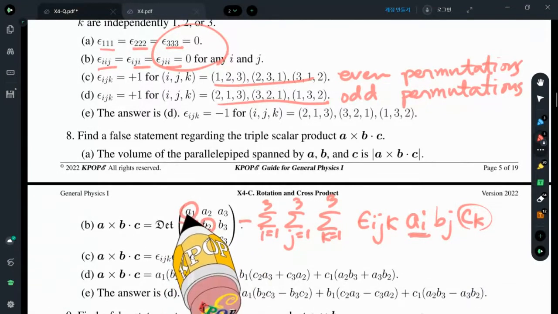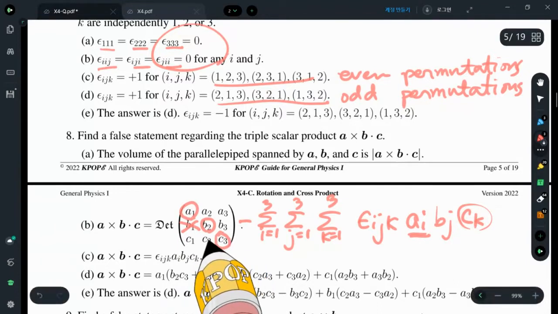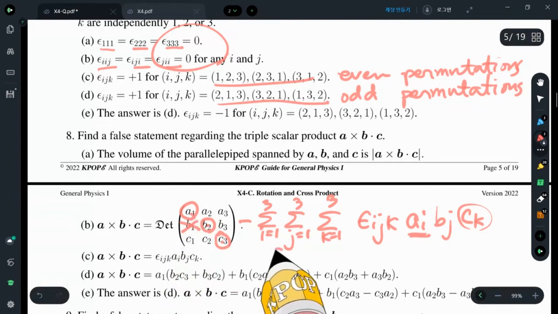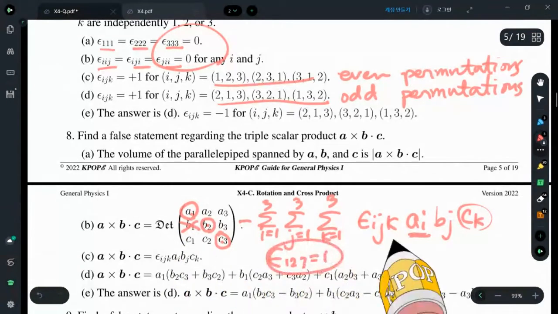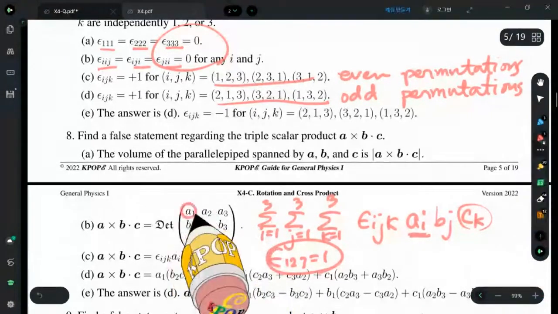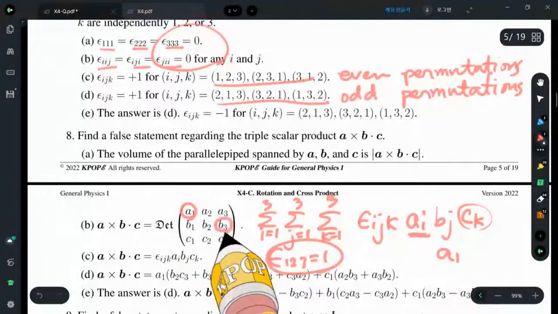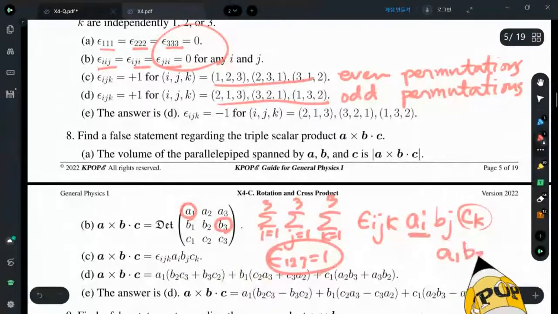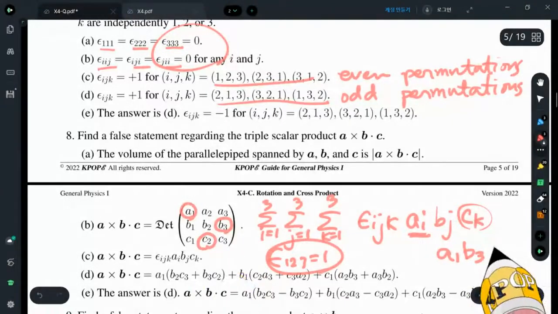Once you have chosen A1, B2, then the remaining choice is C3 only. That is 1, 2, 3, epsilon 1, 2, 3. That is a plus 1. If I have chosen A1 first, and then B3, then you have only a single choice, C2.